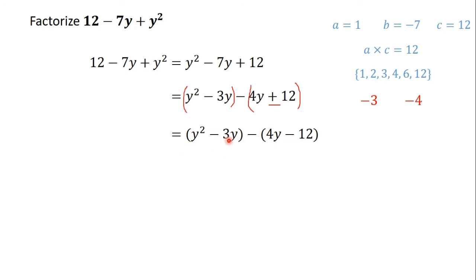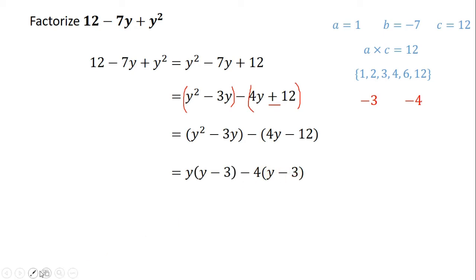The common factor in the first bracket is y, so you bring y outside the bracket. You have y into bracket y minus 3, then minus 4y minus 12. The common factor is 4, so you bring 4 outside the bracket. We have minus 4 into bracket y minus 3.